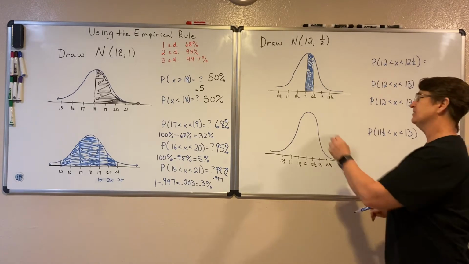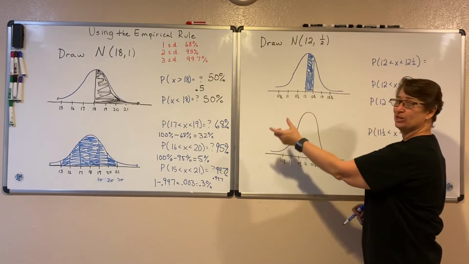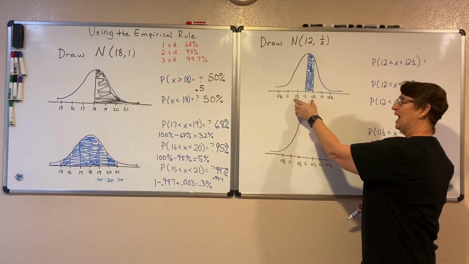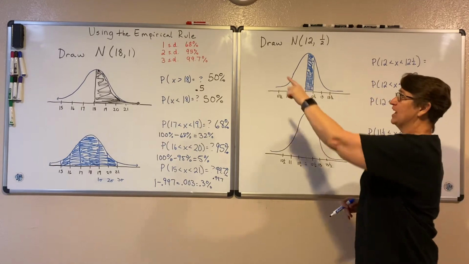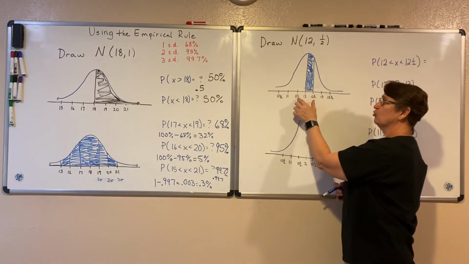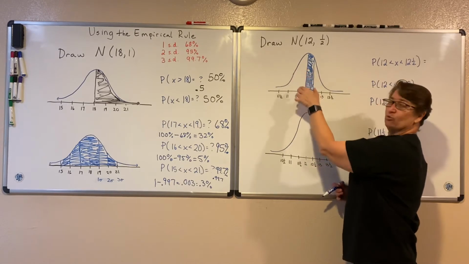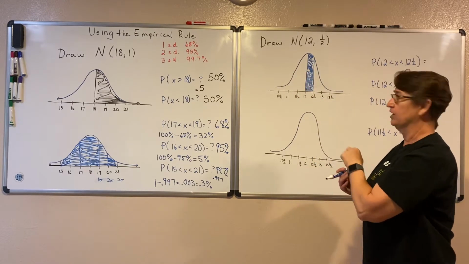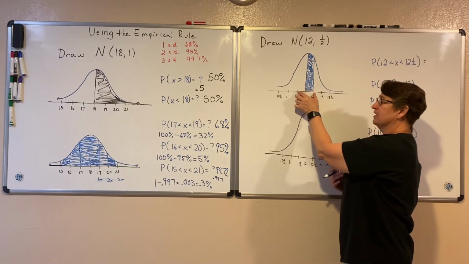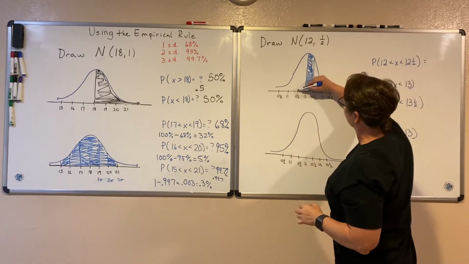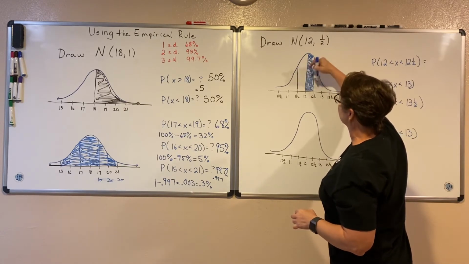Now, this one is out 1 standard deviation, but it's different from what we did over there because I didn't go back 1 standard deviation as well. That 1 standard deviation that makes up the empirical rule would go from 11.5 to 12.5. That would make the 68%. Notice that this is half of that. If I were to color the other part, this part here makes up the 68%.